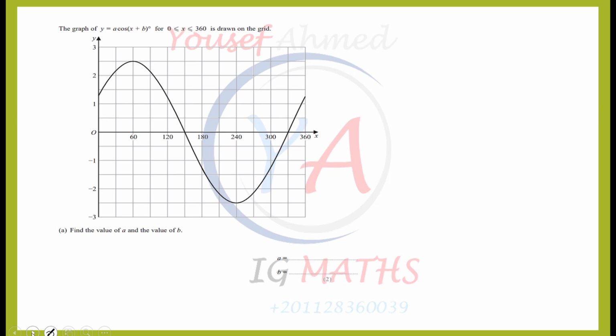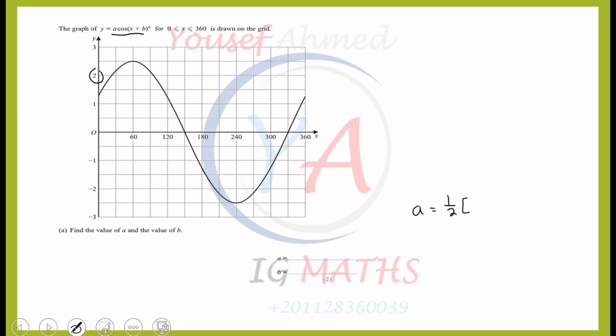Here in this one, we have a times cosine of x plus b. Let's get a. A is half of the highest minus the lowest, so take care about this.